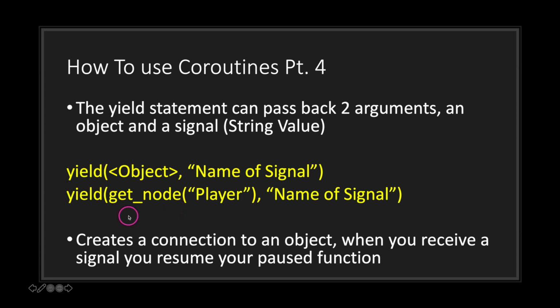Most of the time you would just get the node of the persistent node that's in your scene, followed by the name of the signal you declared in the node script. This handy feature of our yield function in GDScript basically creates a connection to an object. So when you receive a signal, you will resume your paused function. Basically, by combining the power of signals and coroutines, you can do quite a lot in terms of game programming.